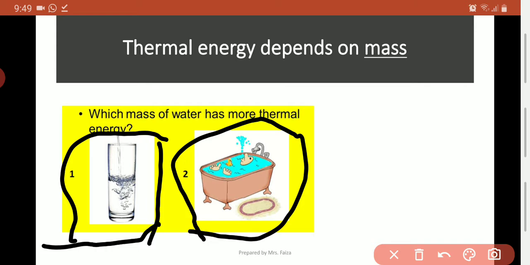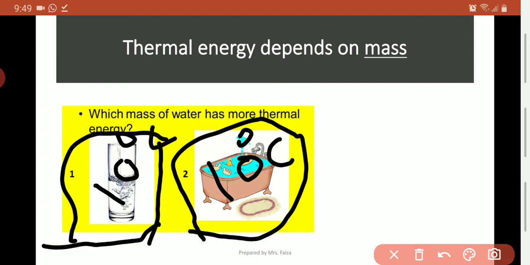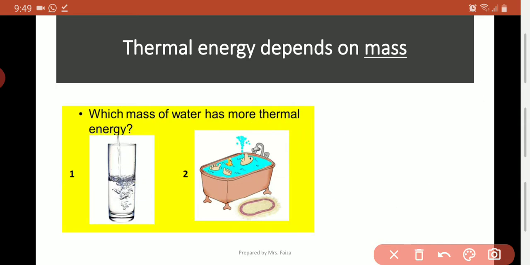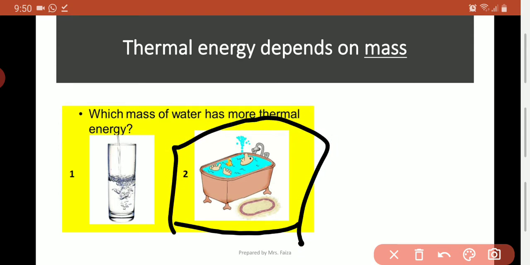For reasons, we could say both of them have the same temperature, 10 Celsius, and both are the same state of matter, liquid. Who is greater? It will be the bathtub. Why? Because it has more mass than the cup of water.